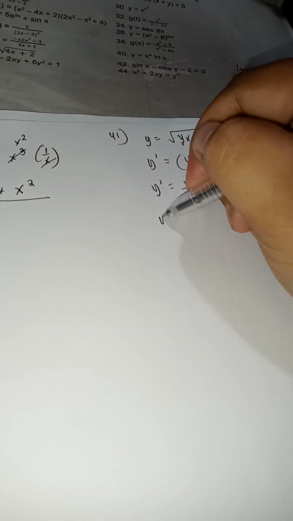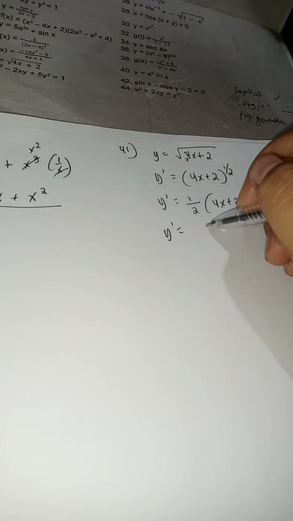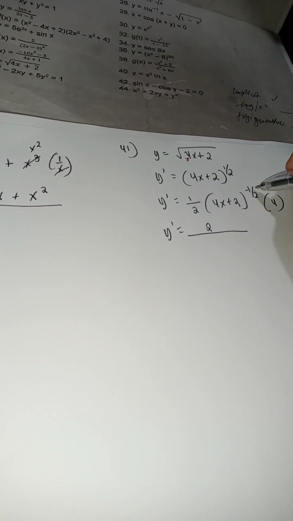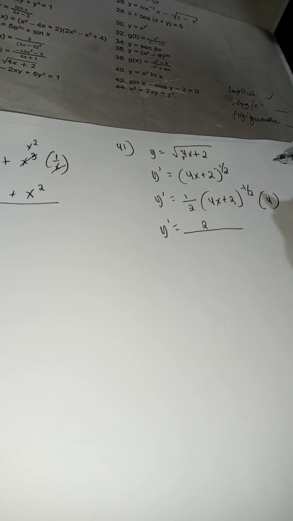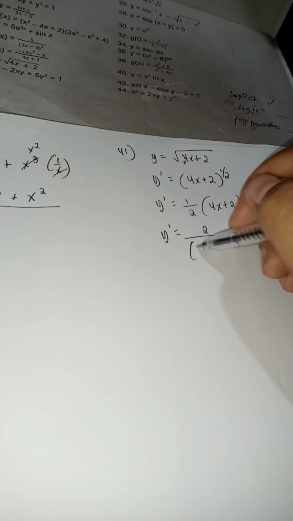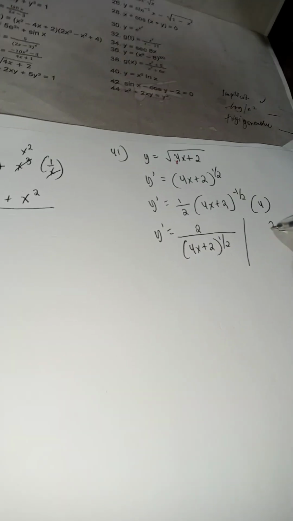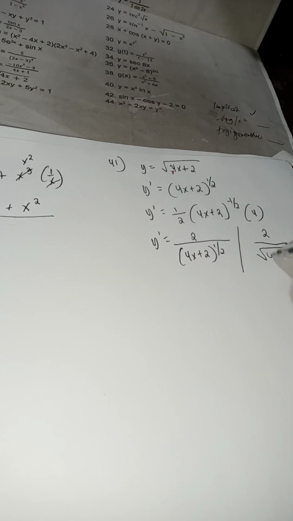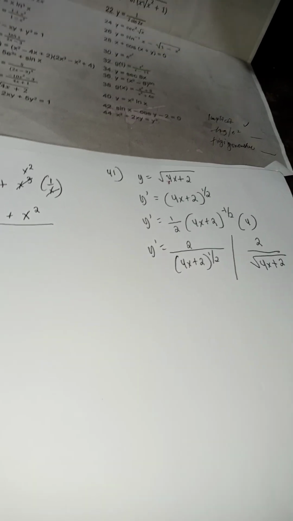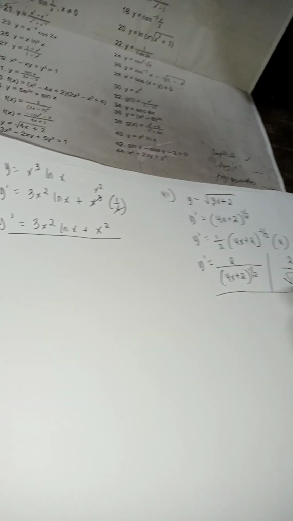Okay, so y prime is equal to 1 half times 4 is 2 over, make this negative 1 half into positive and put it in the denominator, 4x plus 2 to the 1 half. You can simply write this as 2 over square root of 4x plus 2. Okay, so that is our final answer.